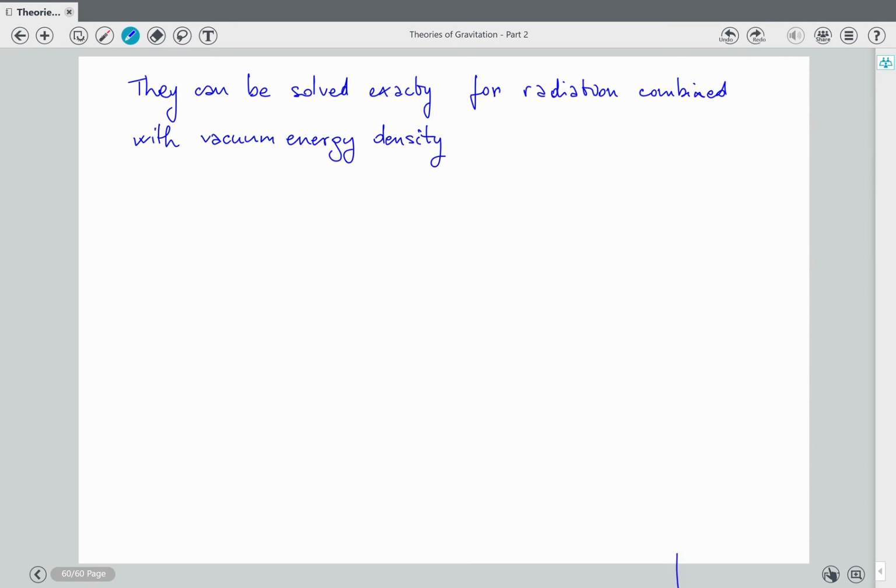Basically, you have this information, radiation, vacuum energy density, which gives you a relation between rho and p and tells you what is the equation of state for them. And the equation of state of radiation is this.